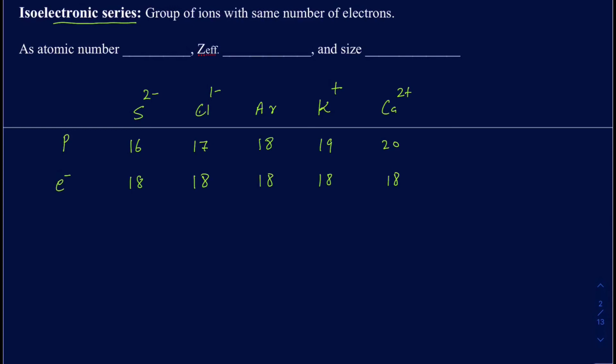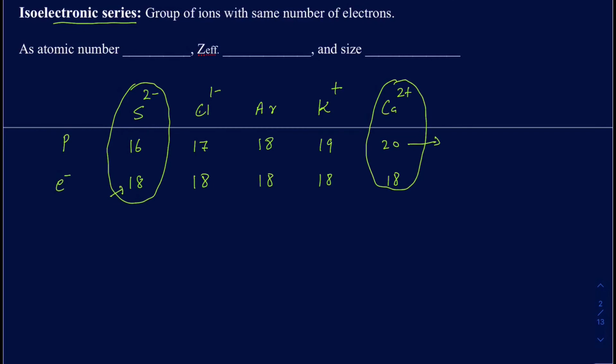So another way of saying it, calcium is probably going to have the best control over the 18 electrons because it's got 20 protons inside the nucleus, as opposed to sulfide, which is going to have the least control over those 18 electrons because it has only 16 protons inside the nucleus.